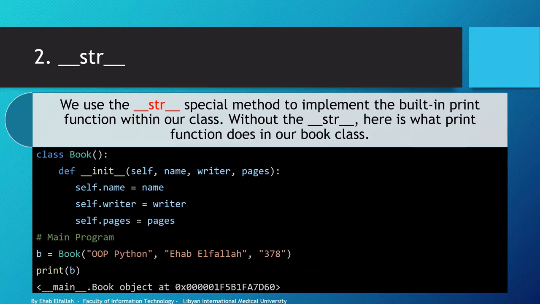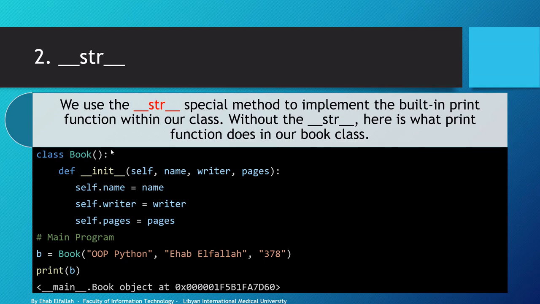The second special method is __str__. We use the str special method to customize the built-in print function within our class. Here is what the function does in our Book class.